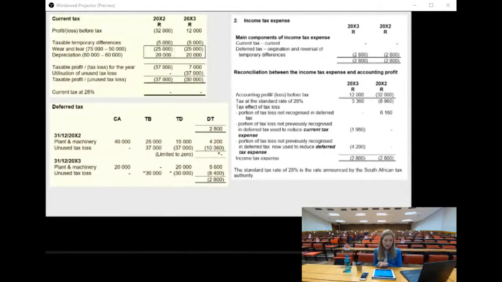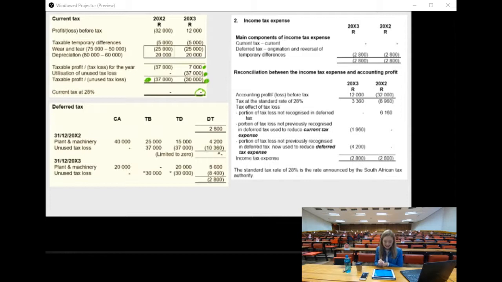In our current tax calculation, we see that for X2, we have an unused tax loss of 37,000. Then in 20X3, what happens is we actually make a profit, but we don't make enough profit, or we can use the unused tax loss to not have to pay any tax in 20X3, but we still have an unused tax loss at the end of X3.